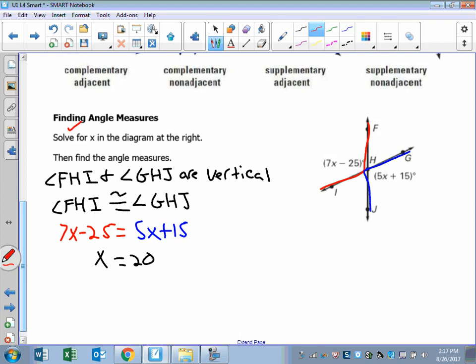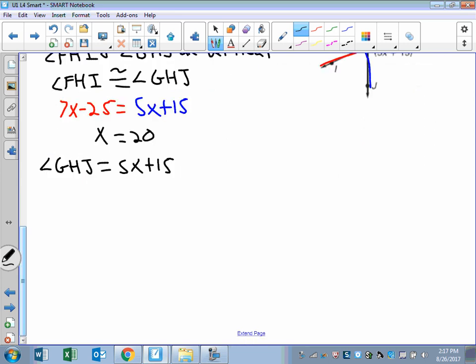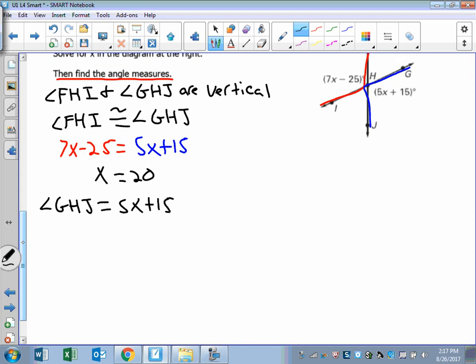But then we also need to find the angle measures. So we need to find all 4 angle measures. We know what x equals, so we can figure out either FHI or GHJ. GHJ seems to be a little easier, so angle GHJ was equal to the expression 5x plus 15. And now, of course, we can just substitute 20 in for x. So we have 5 times 20 plus 15.